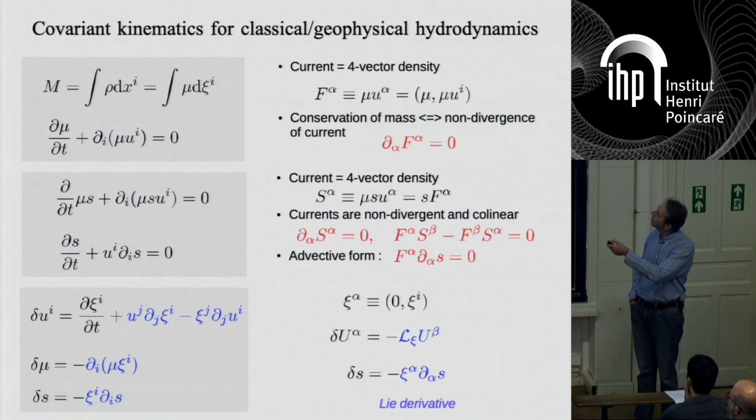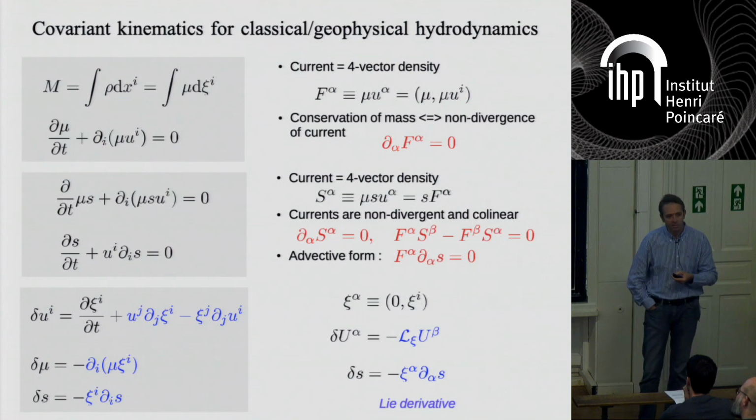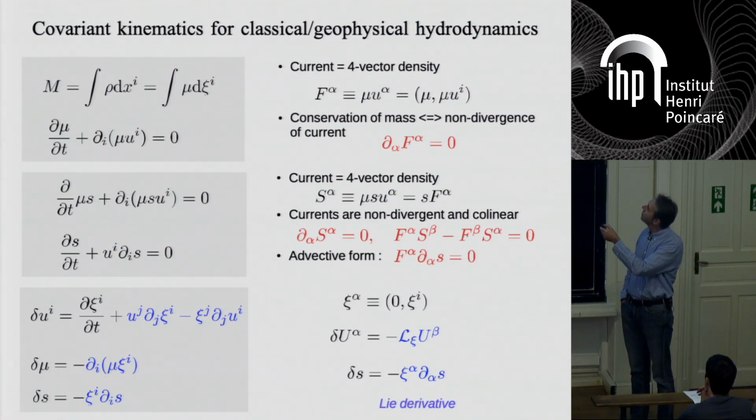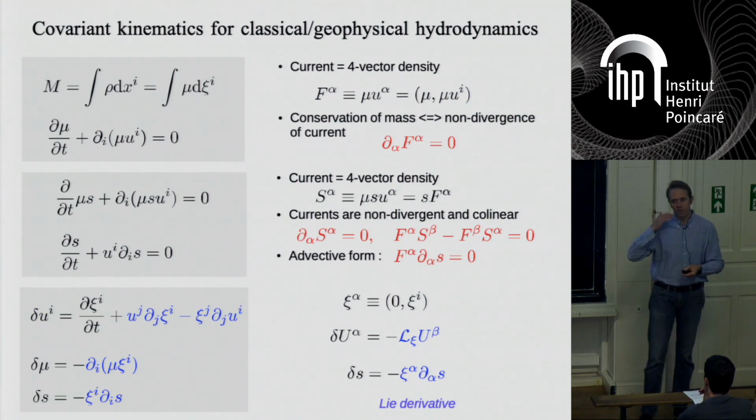And this is the mass budget written in curvilinear coordinates. And you see that I can define a current where the spatial components are just the mass flux, and the time component is the pseudo-density itself. And then this mass budget is just the statement that this current is non-divergent in 4D space.